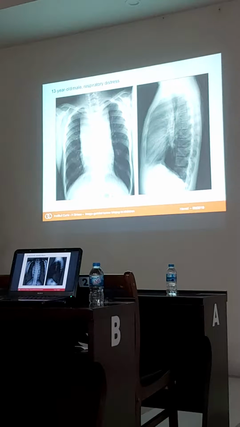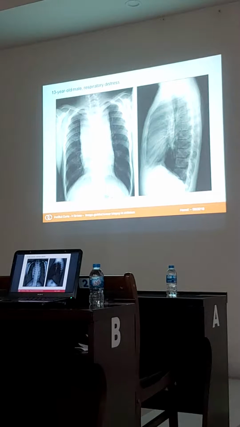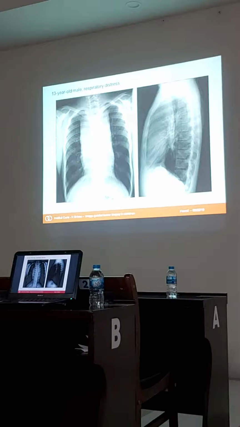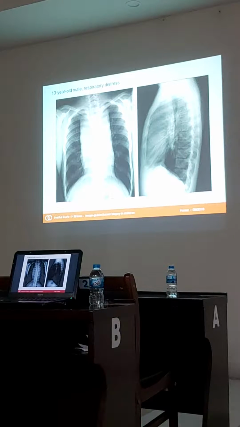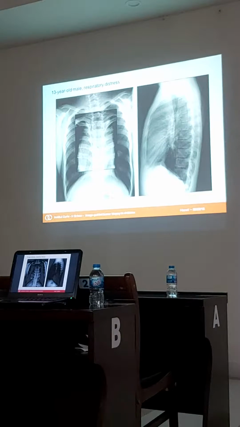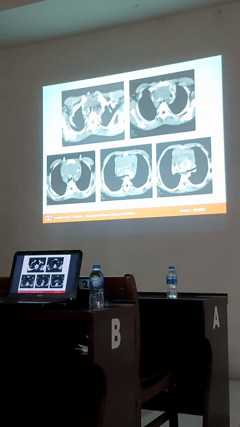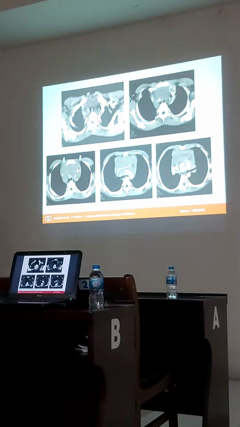As an example, you can see here a 13-year-old child with respiratory distress, and as you can see there is mediastinal enlargement, and you cannot see the carina precisely. You see the trachea here and the carina, the division of the main bronchi. You cannot see it because it's compressed, and this is visible on the CT scan. The trachea is here, completely deformed by the tumor.